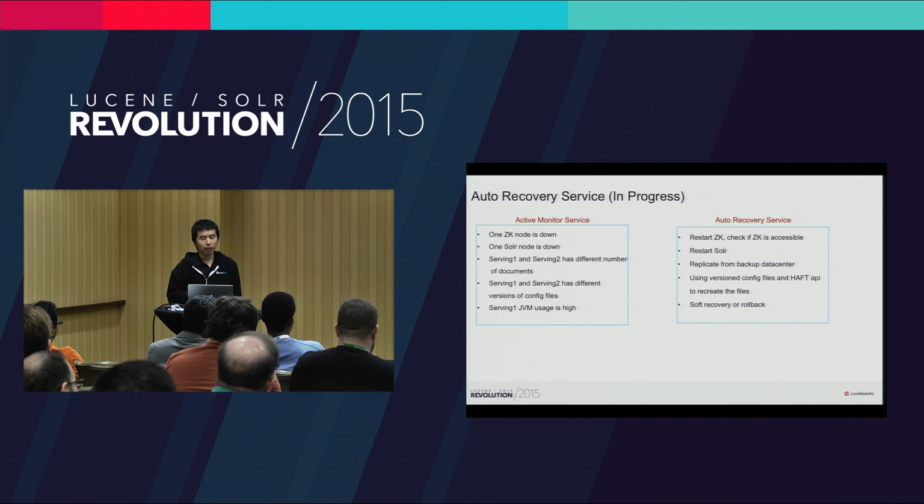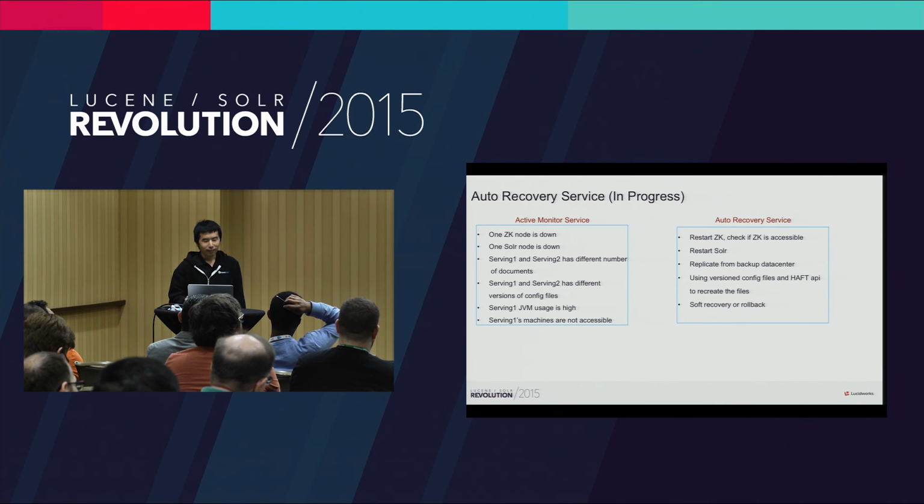And if it's unclear, because for example, if it already deployed the code for 2 days and all of a sudden a JVM issue happened, the first thing you can do is just do a normal soft recovery. It will recover the current state, but it will not roll back because you don't know if it relates to the code deployment or not. So that's our plan.